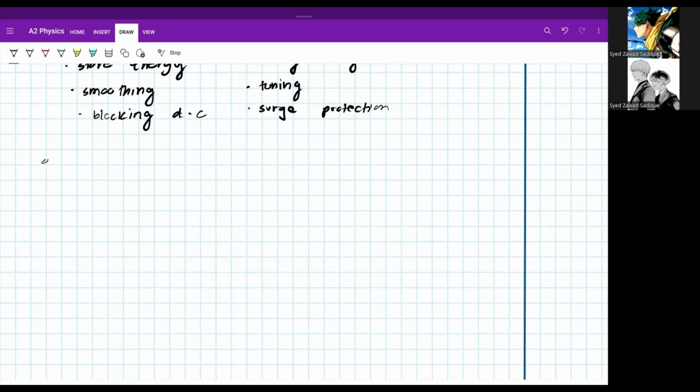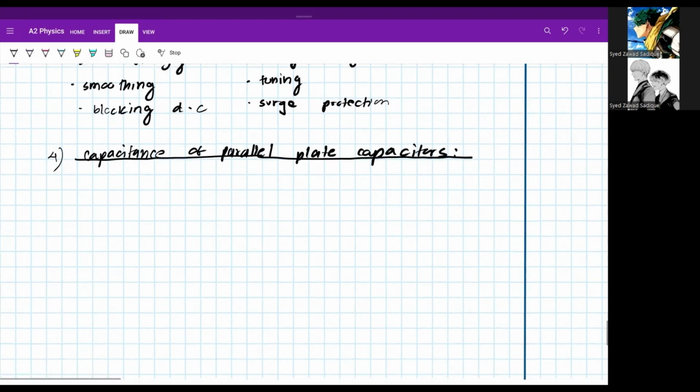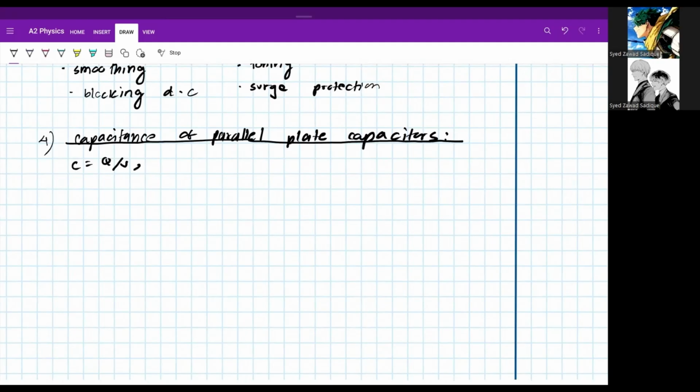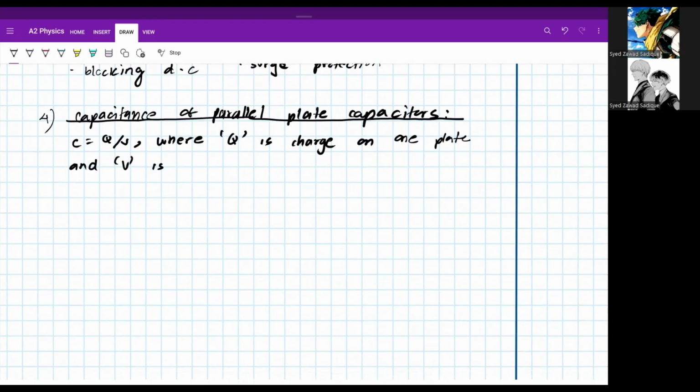Okay, 4. Capacitance of parallel plate capacitors. This is C is equal to Q by V, where Q is charge on one plate and V is potential difference between the plates.